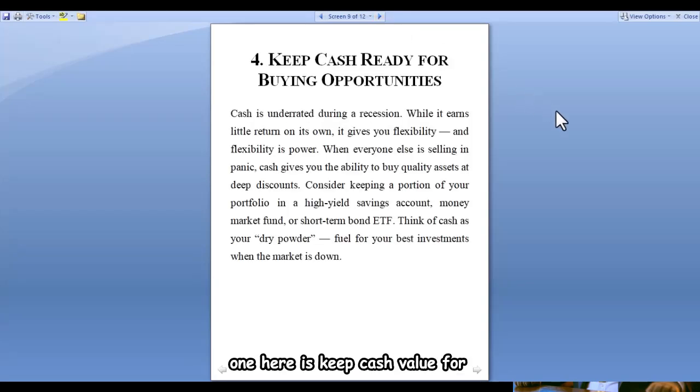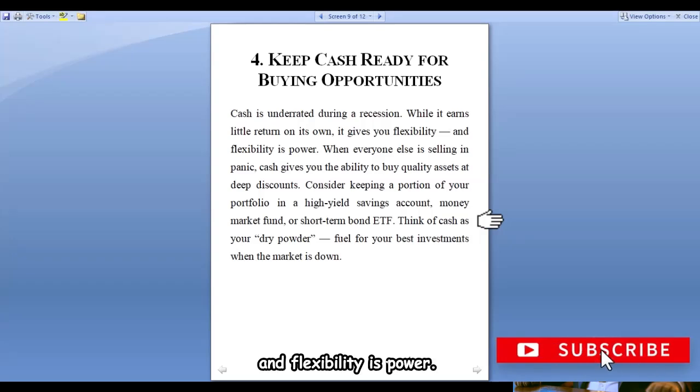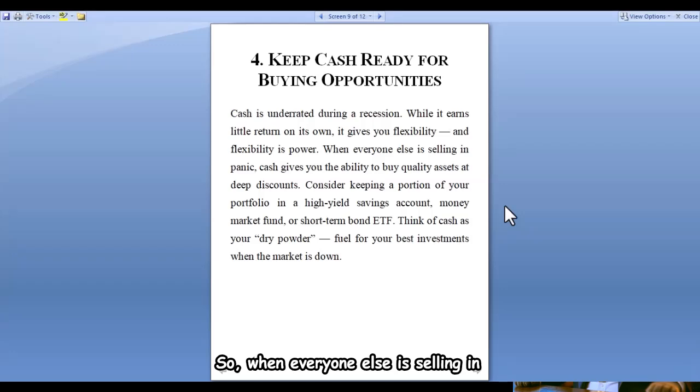The next one here is keep cash ready for buying opportunities. So cash is underrated during a recession. So while it earns little return on its own, it gives you flexibility, and flexibility is power. So when everyone else is selling in panic, cash gives you the ability to buy quality assets at deep discounts.